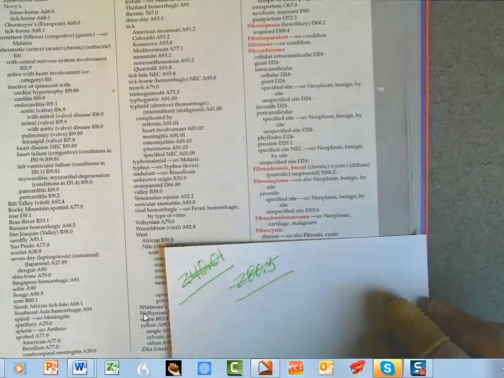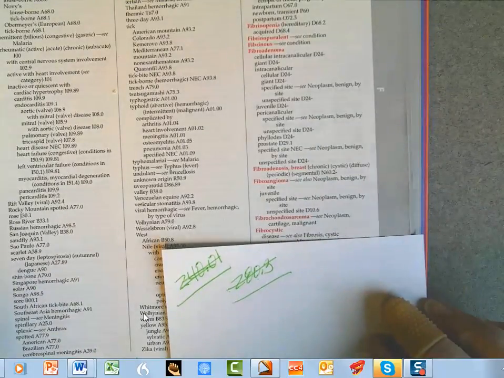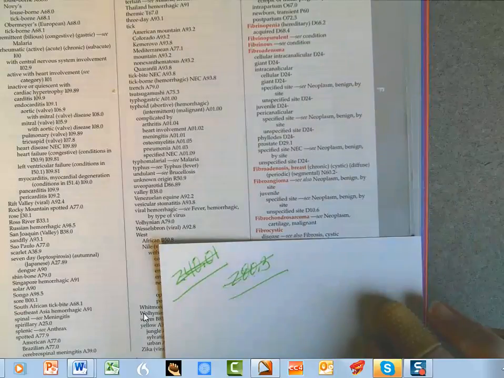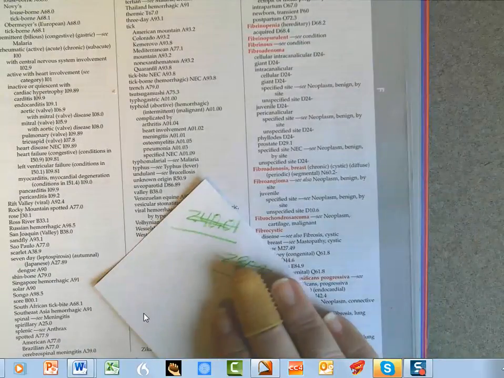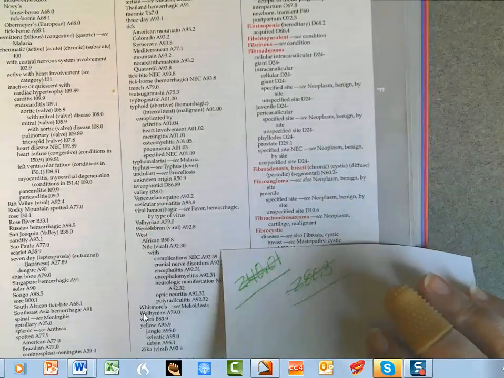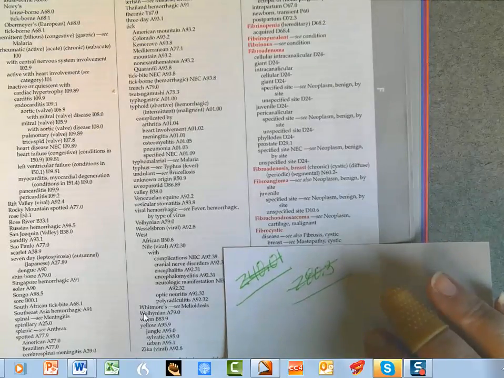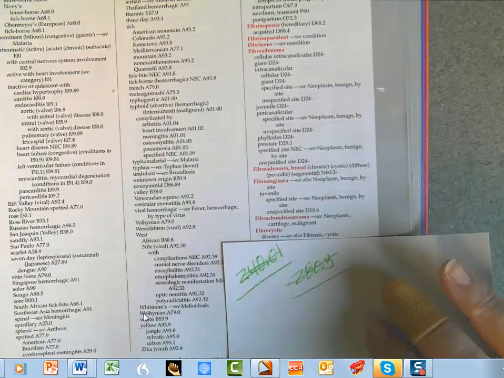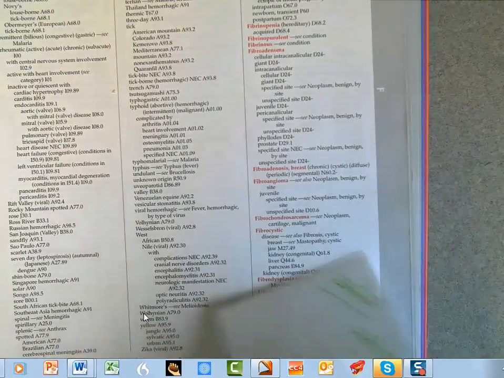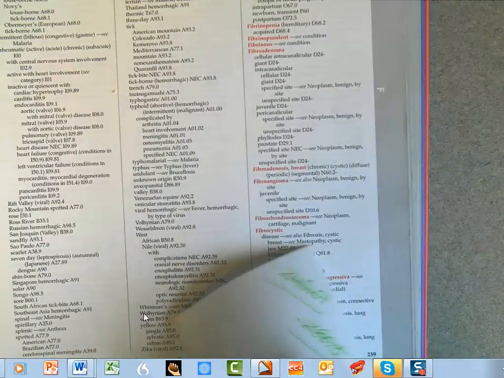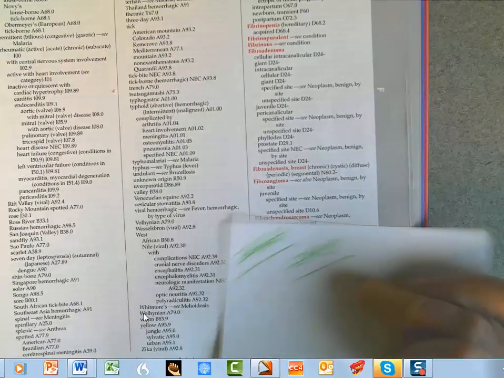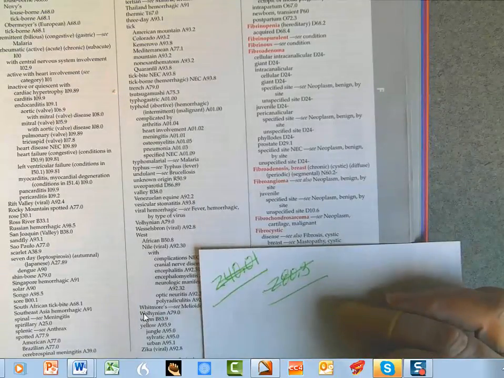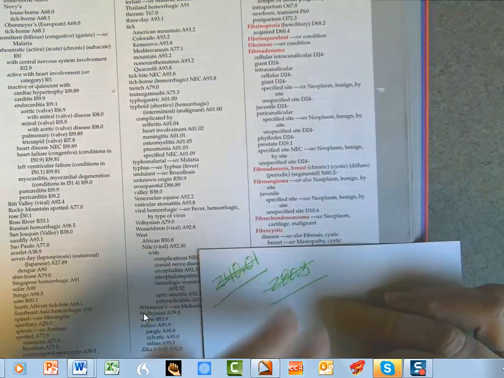See also fibrosis cystic. Now, we could go there, but let's keep looking down to make sure that nothing else skis down that ski slope there, and it does. Breast. And what does it say to us there? It says see mastopathy cystic. Now, if we were to go to fibrosis cystic and went to breast, it's going to send us to this same place. It's going to send us to mastopathy cystic. All right? So, many times you'll have the same disease referenced in several different places. This is one instance. So, we're going to go to mastopathy cystic in our index.